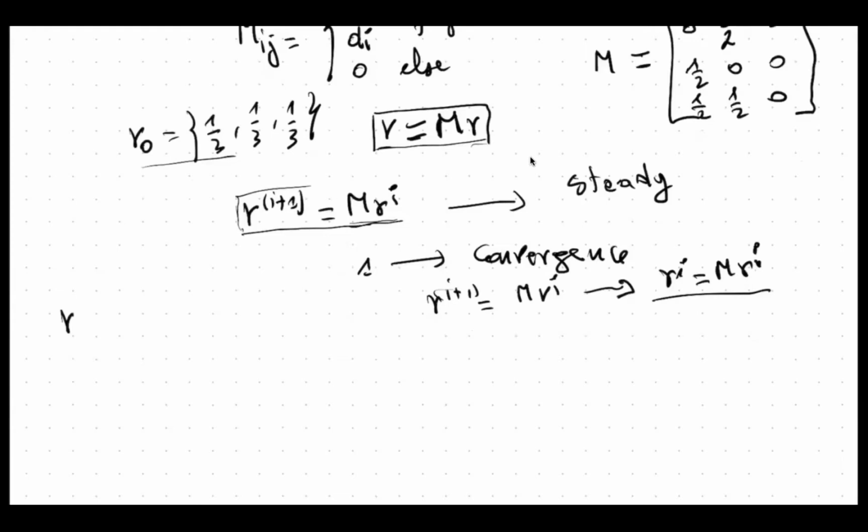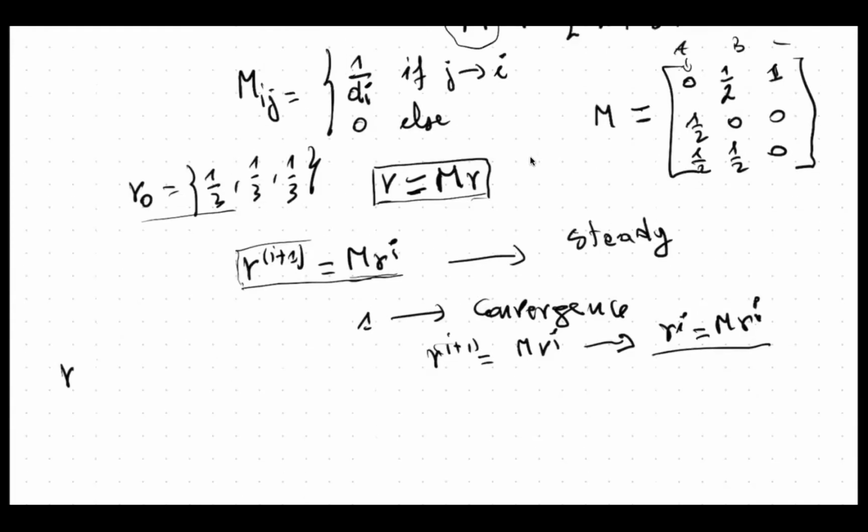Another thing you can look at is why we can apply this. What is the theoretical guarantee that the Markov chain will work? It's based on the theorem. If you look, this tells us that R is the eigenvector of the matrix M with the eigenvalue equal to 1.